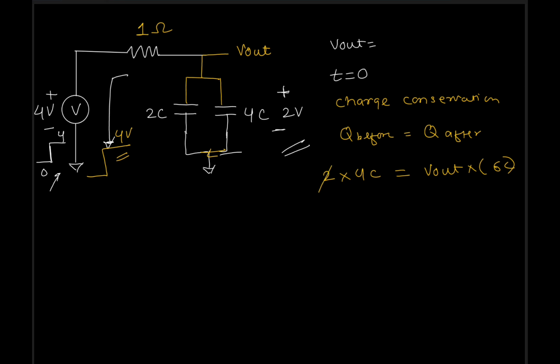Okay, so you cancel this 2 and you get V out is equal to 4 by 3 volts. So as soon as t equals 0, you connect that charged capacitor to the circuit. That's why you get this voltage.